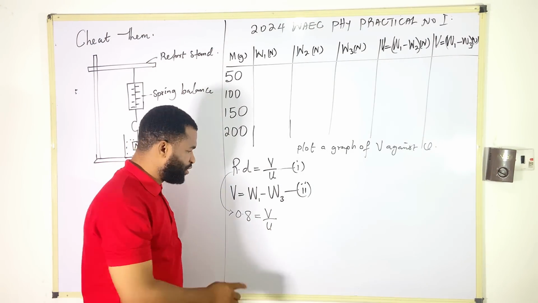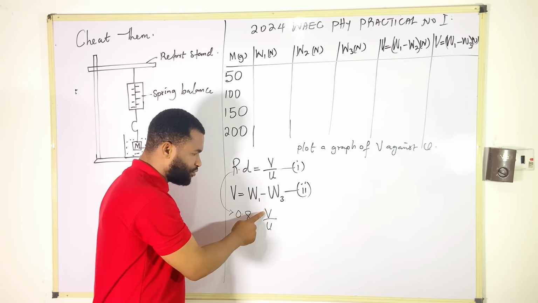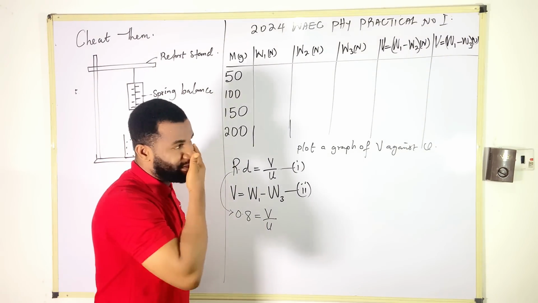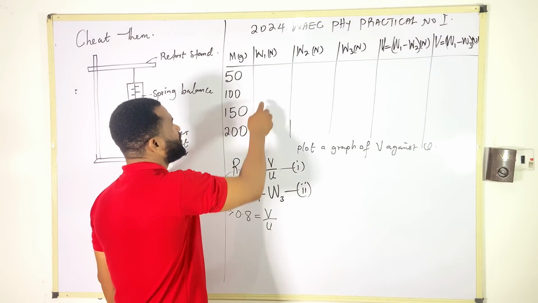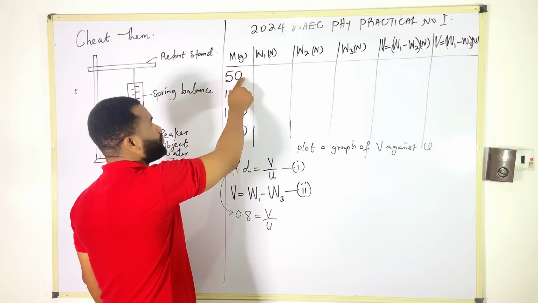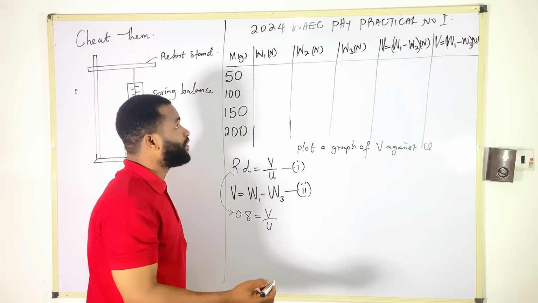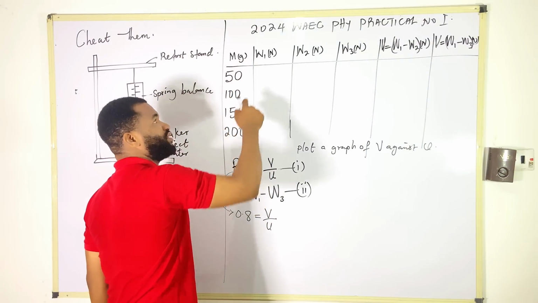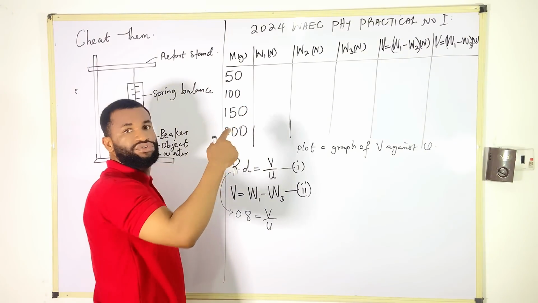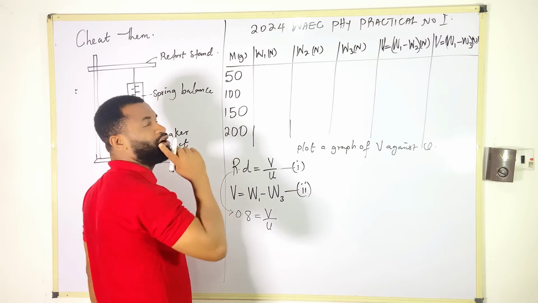The next thing is, how do I find my U, or my V? One thing I want you to know is this: you see, this mass in air can never go out of this 50. So I'm going to convert it, but it's going to be in Newton. Whenever you want to convert from grams to Newton, divide by 100.